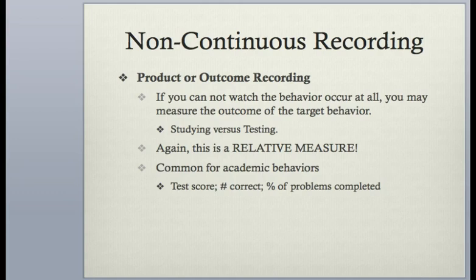But it's very common in most college classes, most public school classes, to rely on things like a test score, on the number correct, or the percent of problems that you've completed, and to give us an idea of how effective your studying behavior is. We measure it by the outcome of the studying, which is your performance on a test.